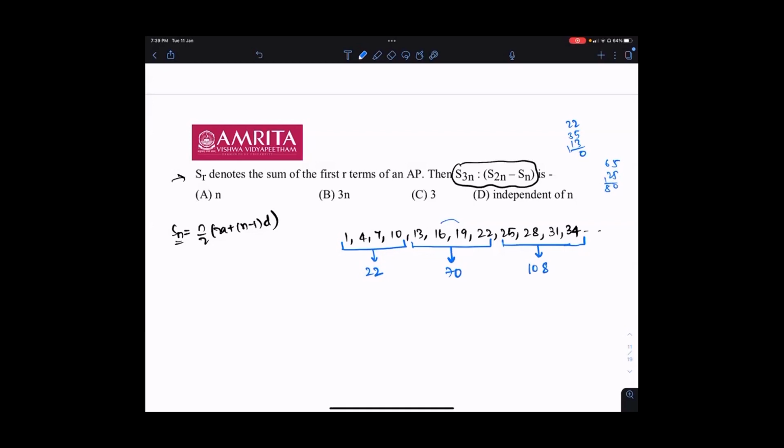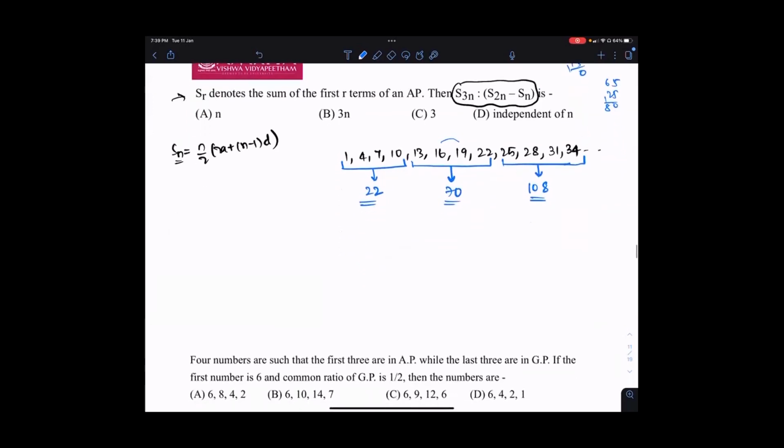See the observation, guys: even these sums will be in AP. So you can see 22, 70, 108 are in AP.